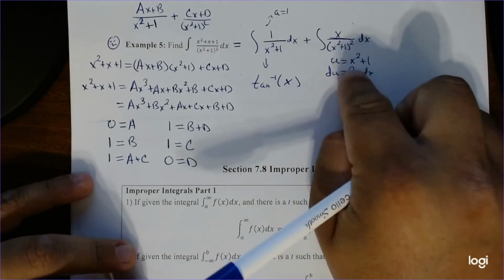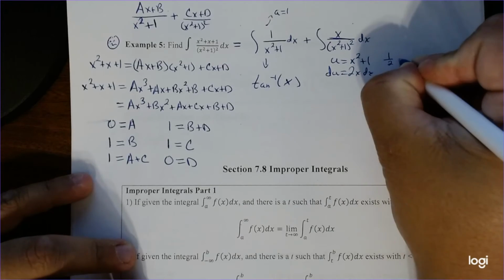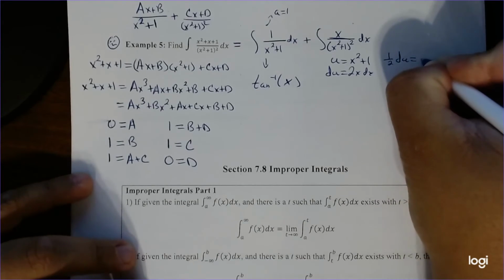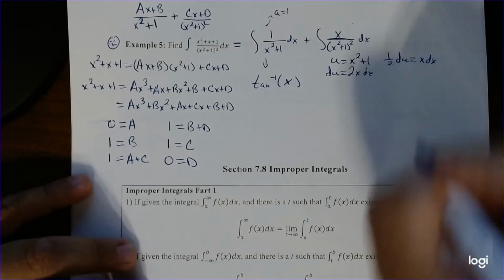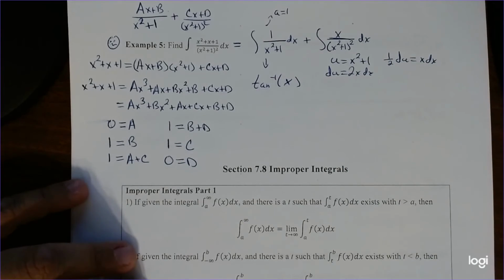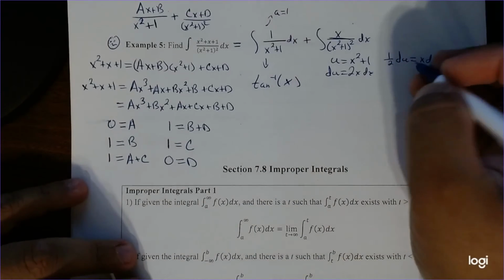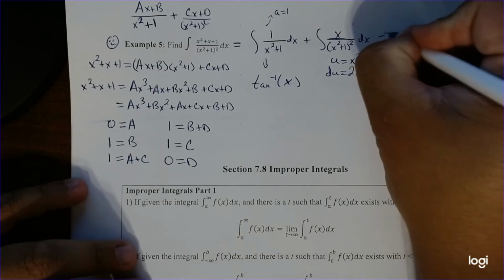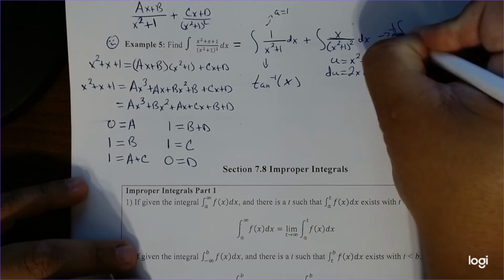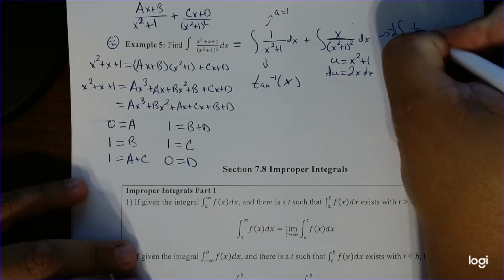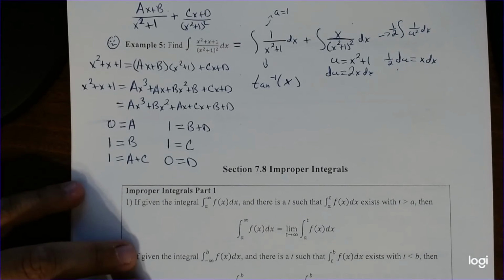And notice the x is perfect, so therefore 1/2 du is equal to x dx. All right, so going backwards, this can be the integral, or let's put the 1/2 outside, of 1 over u squared du, which we've actually already done.